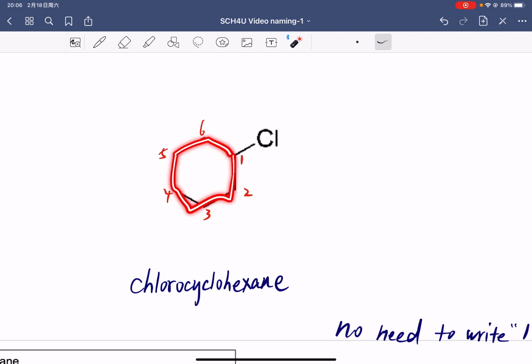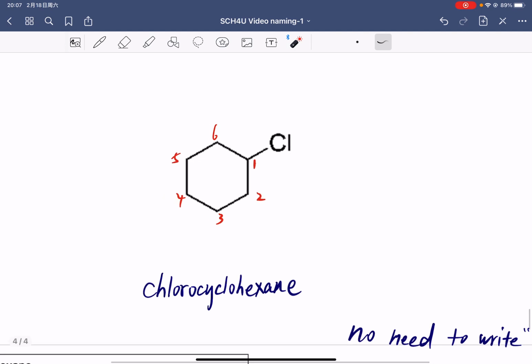So its main chain will be cyclohexane because it's a single bond. It also has a side chain attached. So we have to ensure the side chain has the lowest naming number, right? And for single bonds, we don't really need to consider the ending number. It's different from double or triple bonds.